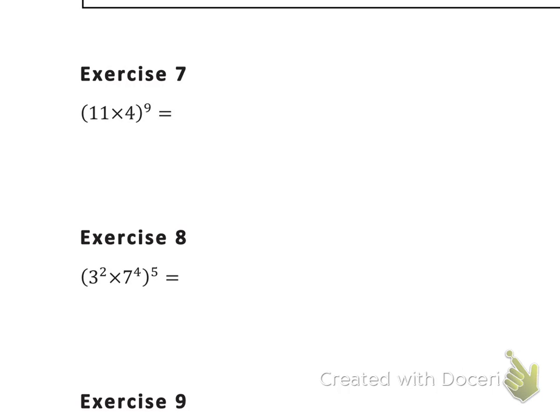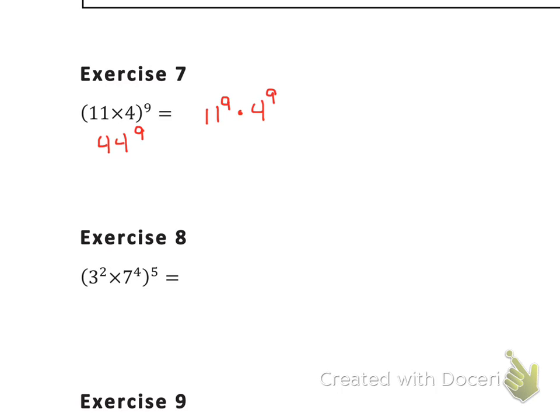For exercise 7, there are a couple of different ways we can write this value. We can multiply first in parentheses and say, okay, this is 44 to the 9th power, which is fine. We also can use the new rule to share that power of 9 and say that's the same as 11 to the 9th times 4 to the 9th.